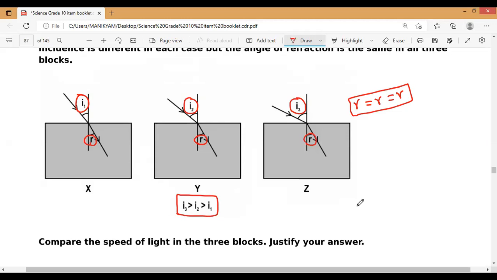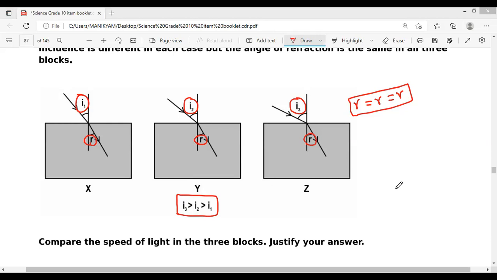The concept behind it is, as we all studied, as the incident angle increases, the bending, the deviation, also increases. If the incident angle is greater, then the bending of light will be higher. That is what we studied. Do you remember or not?